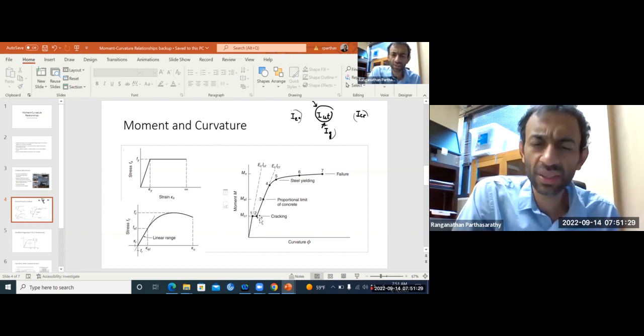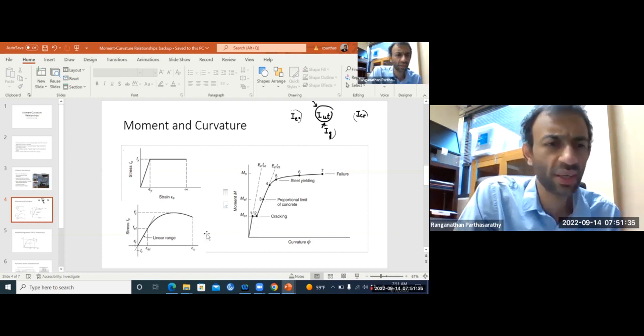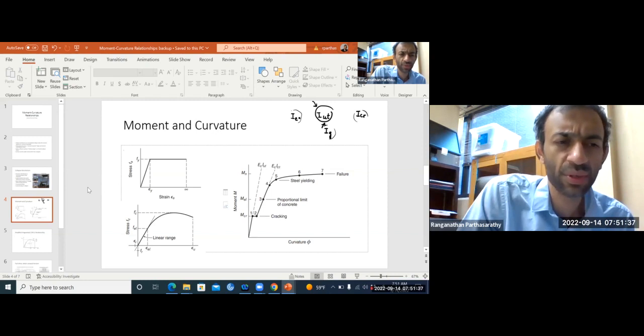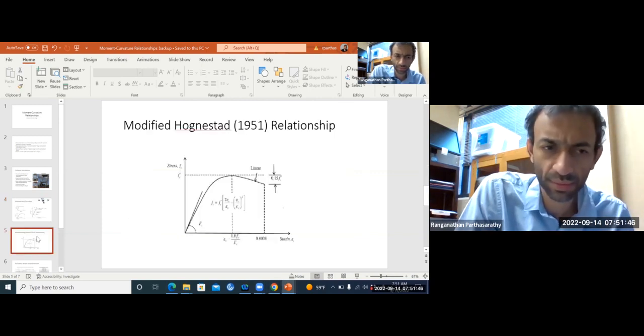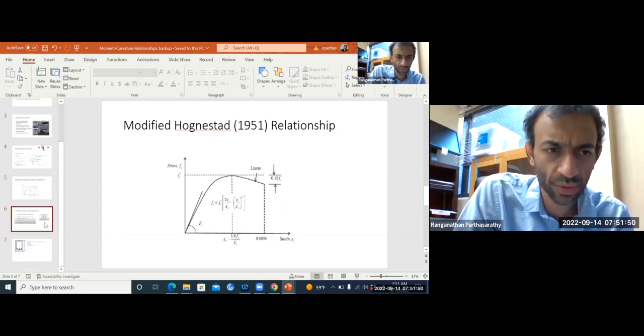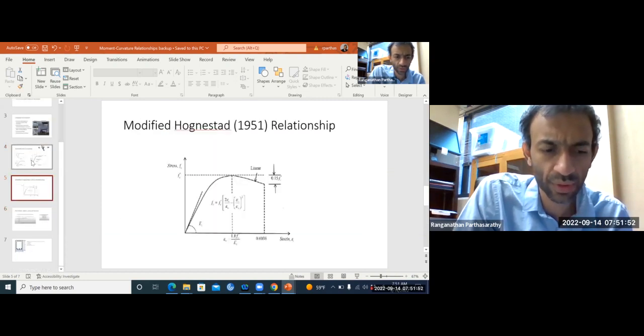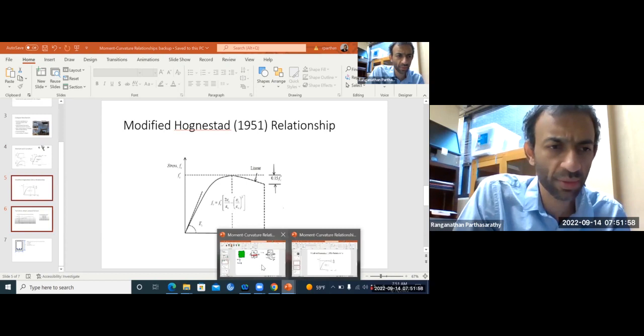Then now it is a cracked section. Between 2 and 3, what will we do? Let me draw. Since these 3 are not appearing there, I will just put them here.